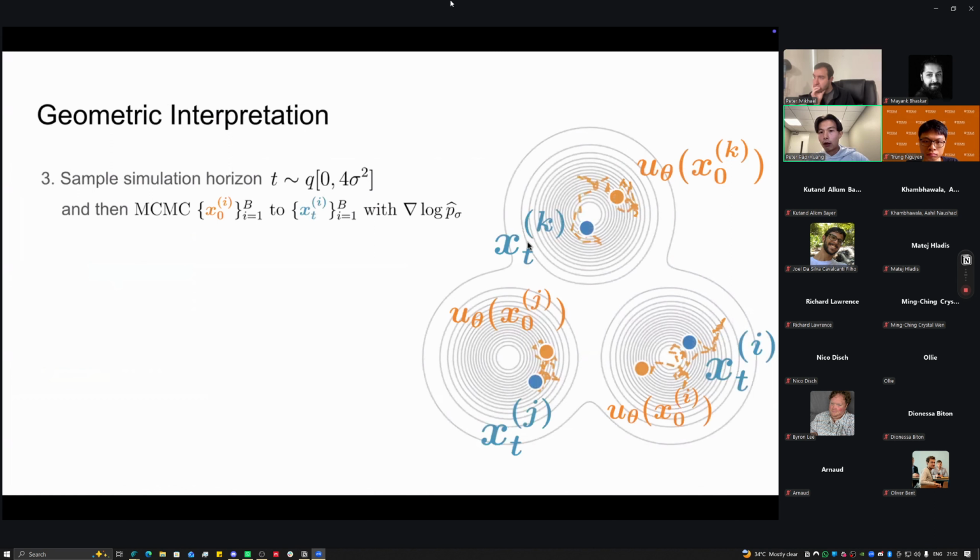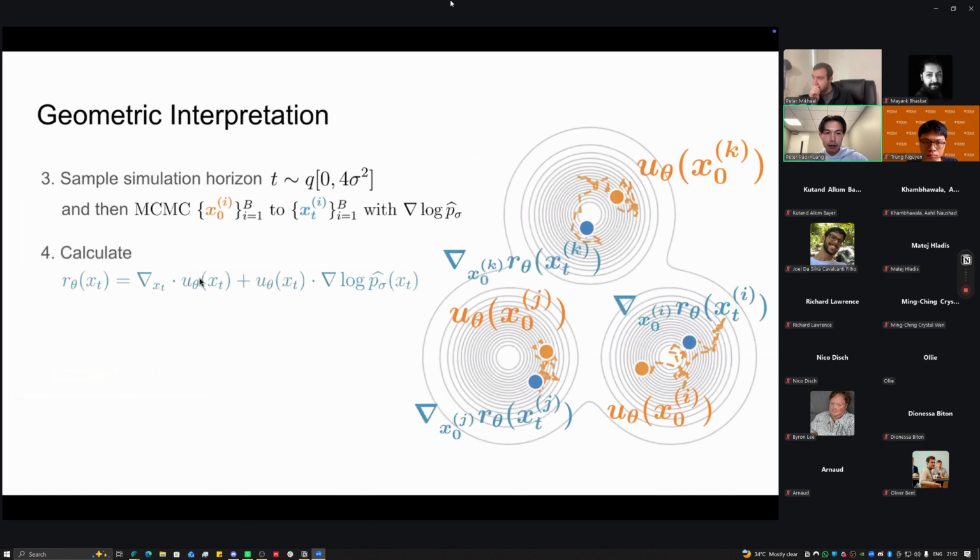We then get our xt values, which are our simulated samples. And then we calculate this, where my cursor is, this Langevin-Stein operator, which again is a scalar measurement of how far f theta is from a distribution generating vector field.